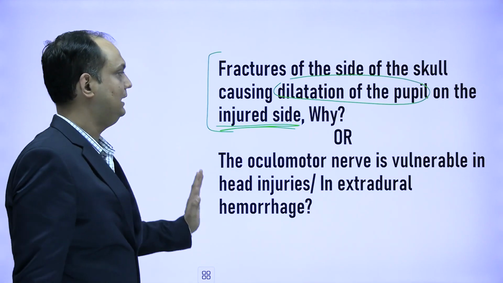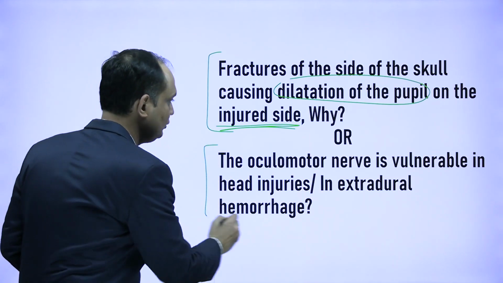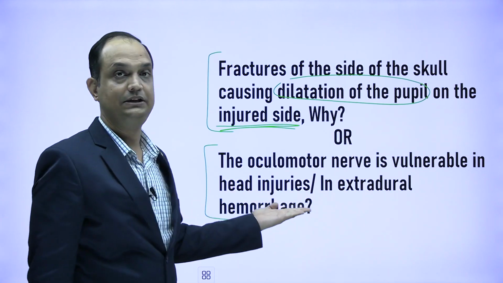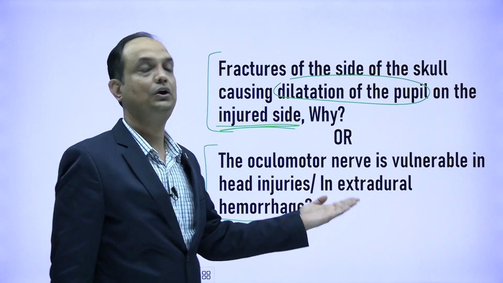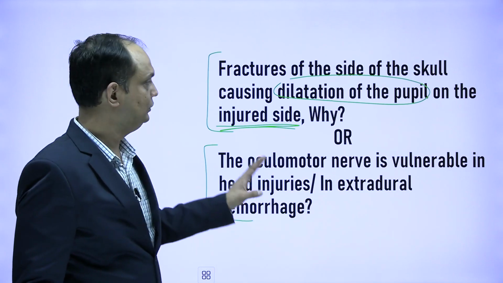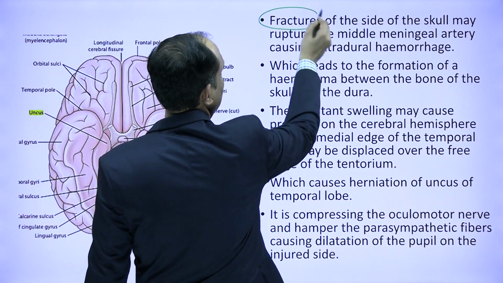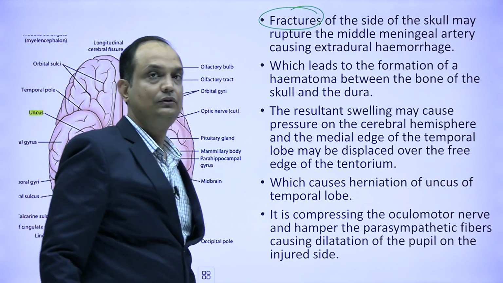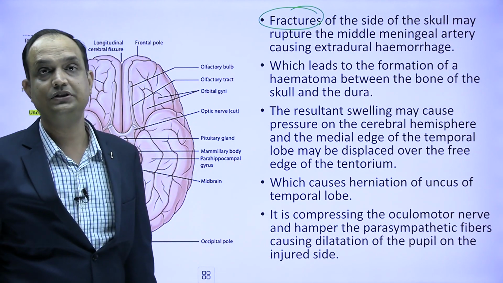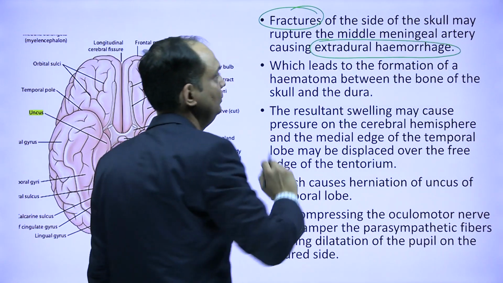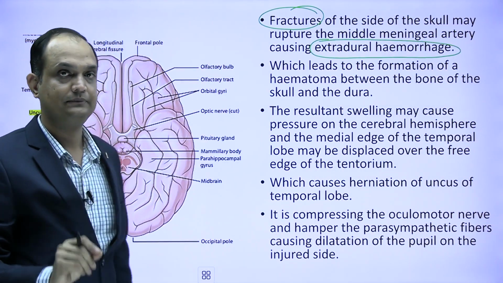Or another way of asking the question is that the oculomotor nerve is vulnerable in head injuries, particularly in extradural hemorrhage. Why? Keep this in mind: whenever a fracture of the side of the skull occurs, there is an injury of the middle meningeal artery, and that will lead to hemorrhage, that is extradural hemorrhage.